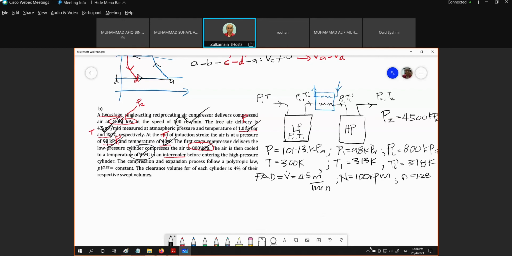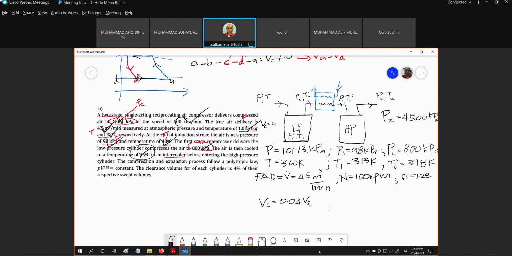And then the clearance volume for each cylinder is 4%. Meaning that we have 2 cylinders, right? So let us have this 4% as for the first cylinder. The VC is equal to 0.04 Vs per cylinder.